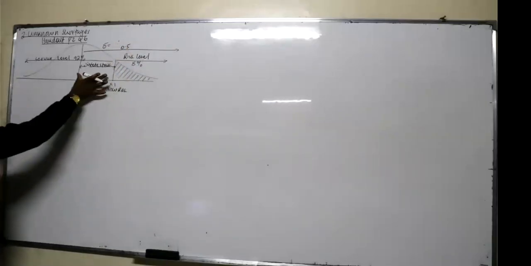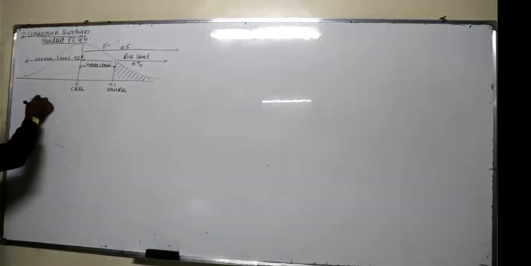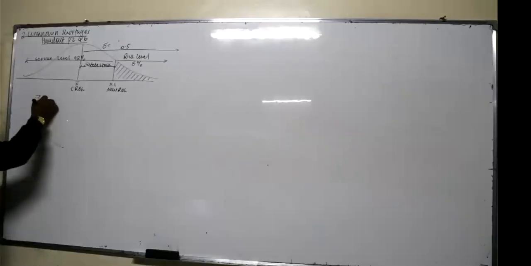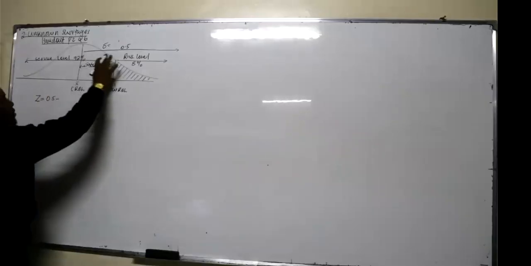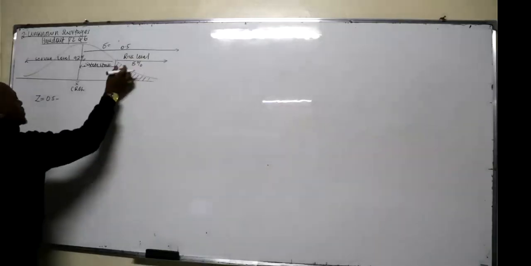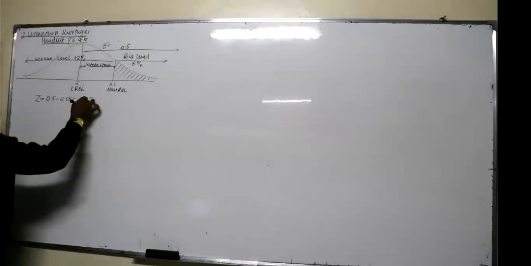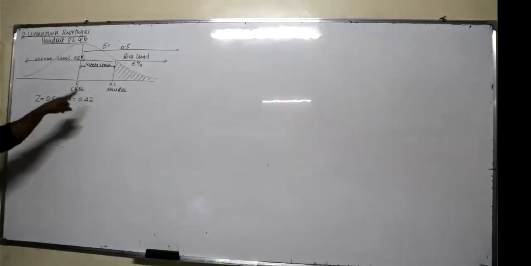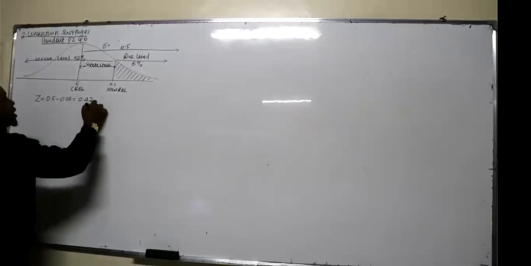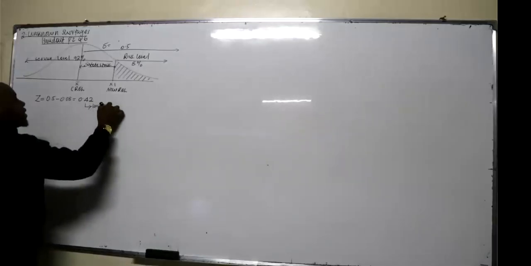To determine the probability of safety stock, you need to get Z, but Z is a number, not the probability. So you take 0.5, eliminate the 8%, 0.08, and you get the probability 0.42. Now this 0.42 is the probability, but what we need is Z, the normal distribution value. How do we get it? To get Z, you read inside the table.